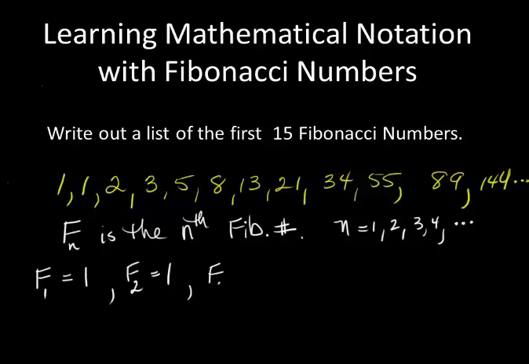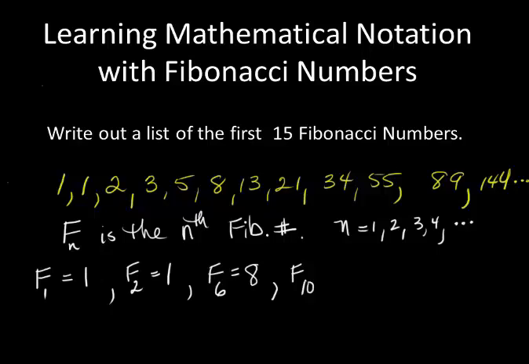Well, let's try f6, the sixth Fibonacci number. When you see f sub 6, in your mind, say the words, the sixth Fibonacci number. So you just count over 6 places, and you see that 8 is the sixth Fibonacci number, so we say f6 is equal to 8.